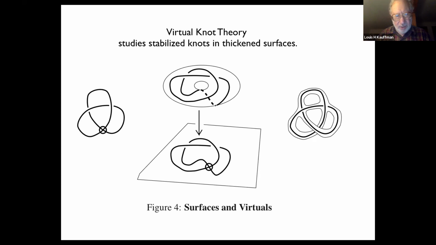You can imagine adding an extra genus to that surface that didn't interfere with the knot at all, and this projection operation wouldn't see it. So because the projection operation, or taking a neighborhood of the knot, like I've illustrated on the right, doesn't see extra genus, this theory looks at knots in surfaces up to stabilization by one handle addition and subtraction, and that's virtual knot theory.